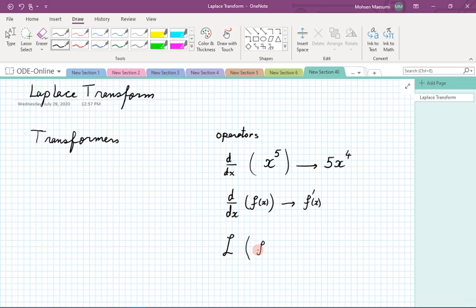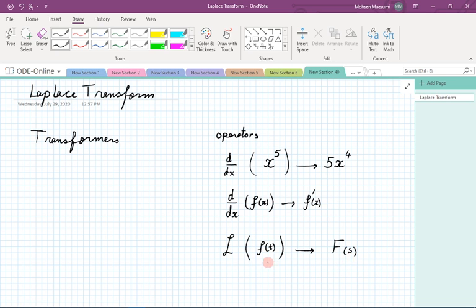So we are going to have some function. We are going to feed this to the Laplace transformer, and out comes some other function. The new twist to the story is that the new function that comes out is a function of some other variable, unlike this one where x^5 and x^4 show up, same x. Here, the new thing is that this is going to be a function of some other parameter or variable s.